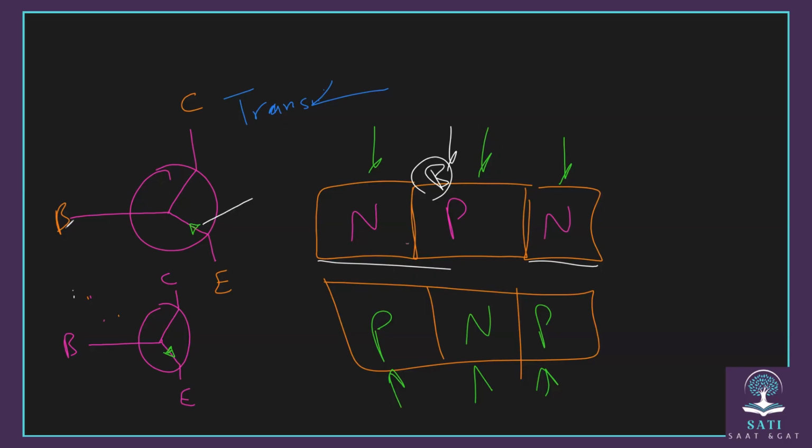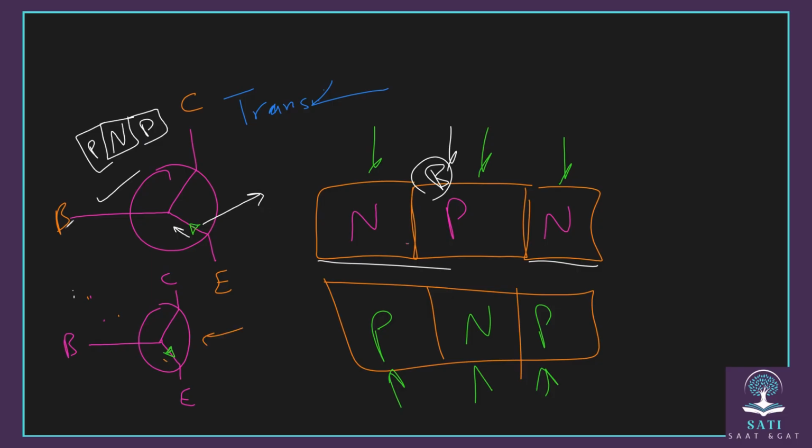This arrow always points towards the negative. When it points towards the base, that means the base is negative, the middle is negative, and the other ones are positive. So this type is NPN.